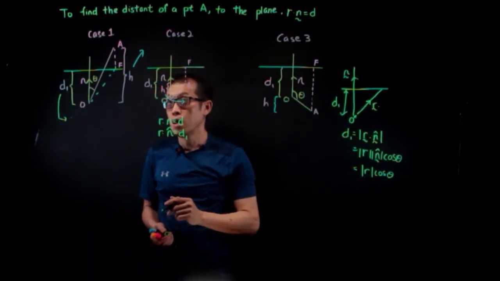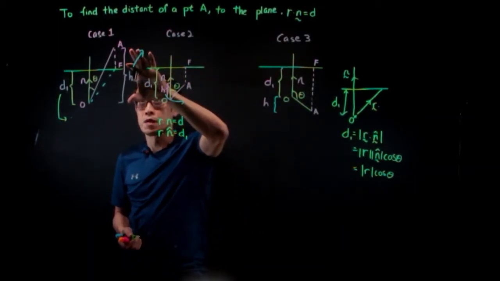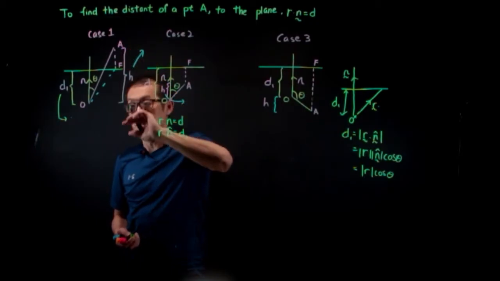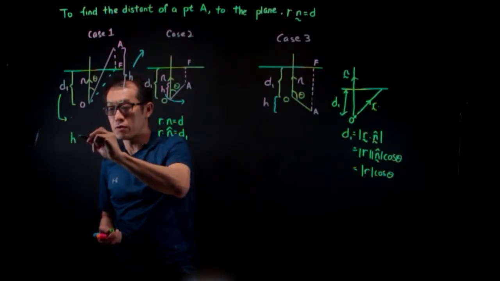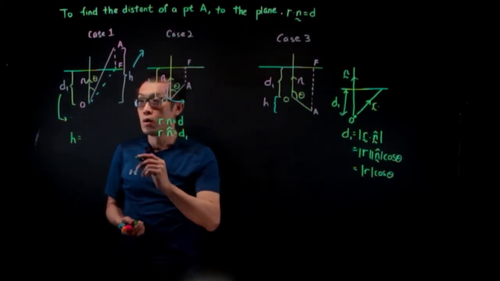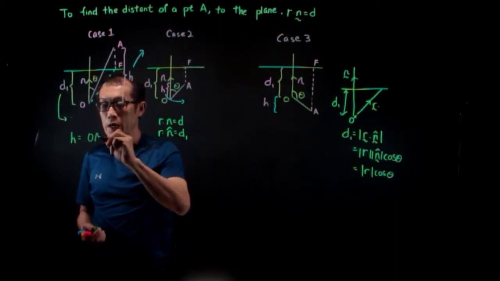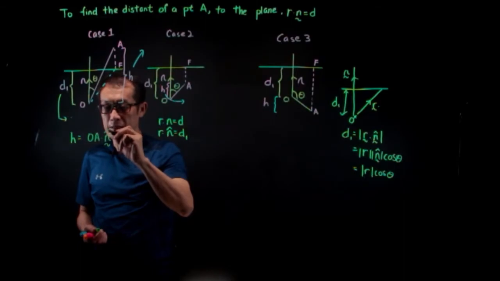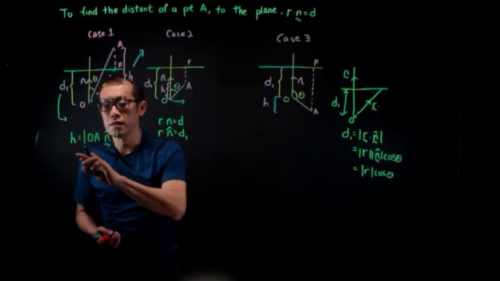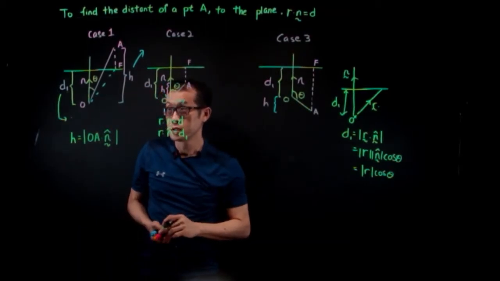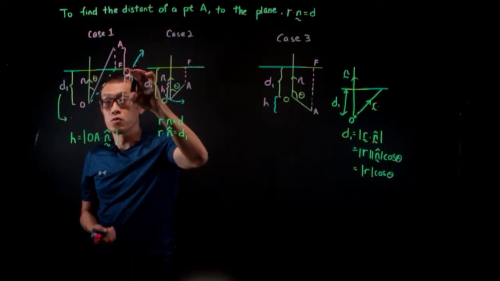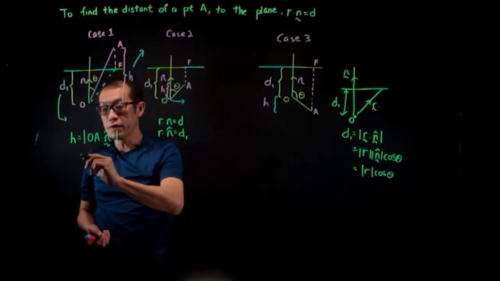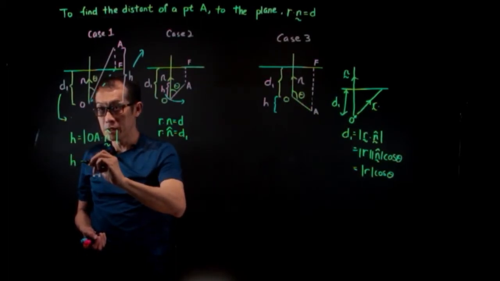Now, what is this distance h? h is represented by OA dot unit vector n. This is the distance h. So what is the distance of point A to the plane? It will be given by h minus d1.